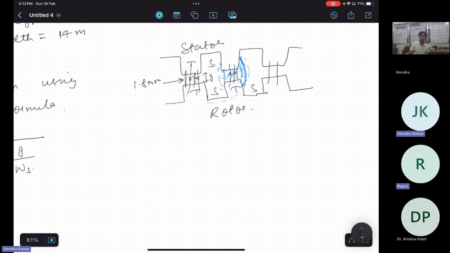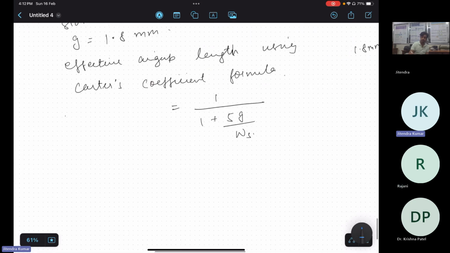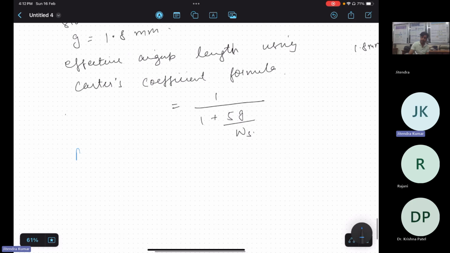So now, what will be the effective air gap length? Coming back to our problem, it is nothing but kg into g. So kg is the gap concentration factor, if you might have gone through the lectures.